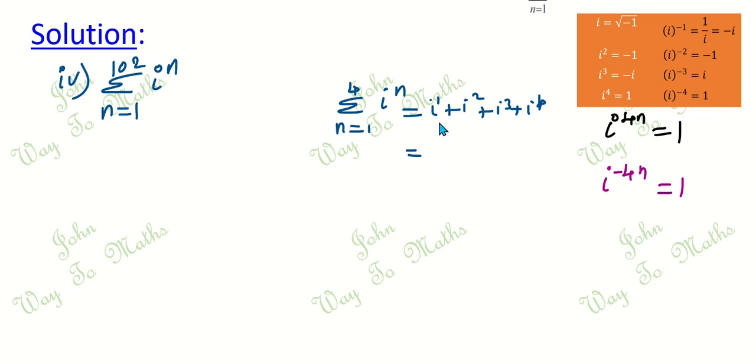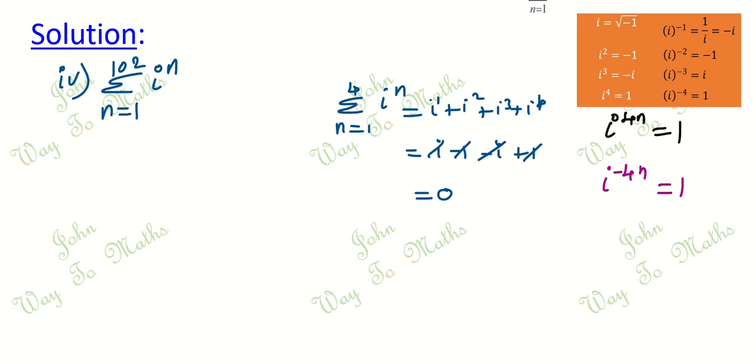Here i power 1 is i, i squared is minus 1, i cubed is minus i, i power 4 is plus 1. Plus 1 minus 1 cancel, plus i minus i cancel. So the answer becomes 0.